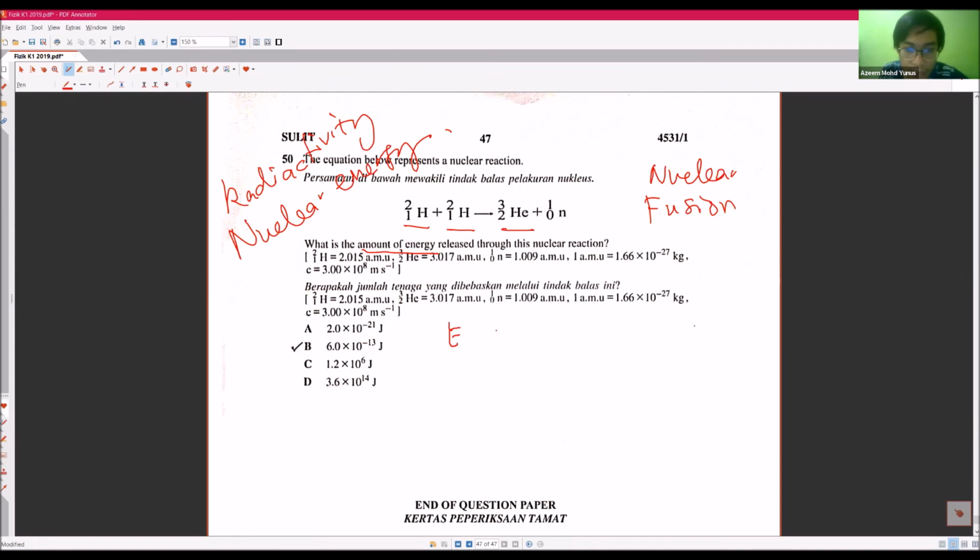E equals mc squared. First, we need to find the mass defect. So initial minus final, because the final mass is always going to be less than the initial mass due to the change of mass into energy.